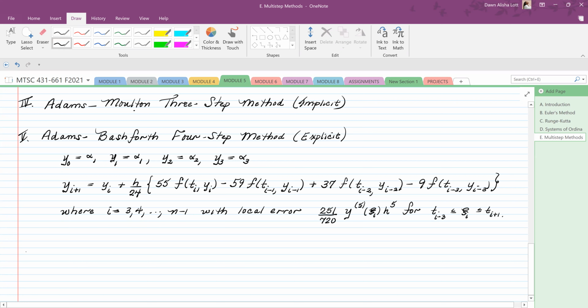And then of course, there is a corresponding Adams-Moulton fourth order, 4-step method.